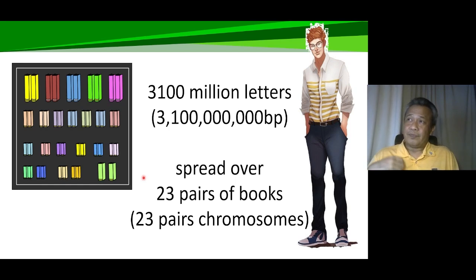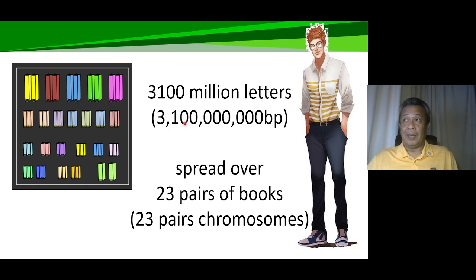After reading the human genome, they found that if you take one chromosome of each pair and string all the letters together, they make up about 3,000 million letters, which is about 3 billion.